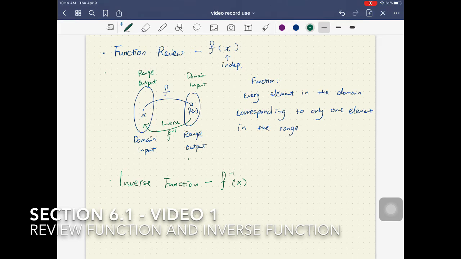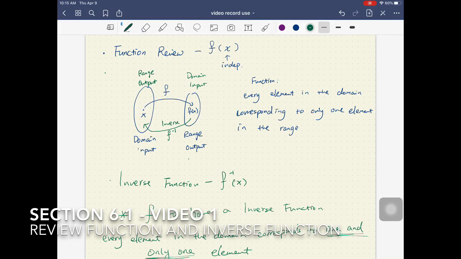By combining both the original function f and the inverse function f inverse, for the function f to have an inverse function, we need to make sure that every element in the domain of f corresponds to one and only one element in the range.